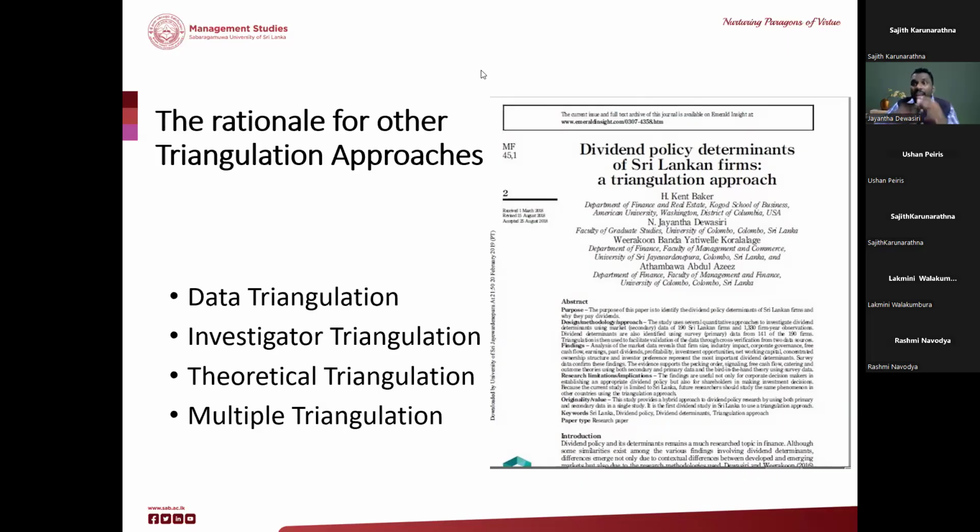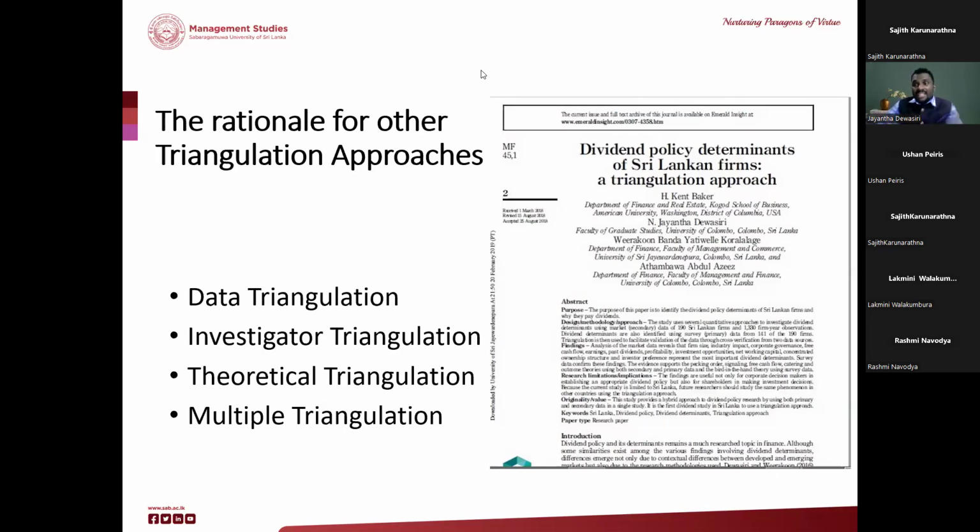Then you can have multiple investigators and data collectors on board, analyze separately the data collected by the separate data collectors or investigators, and see whether there is a difference, in order to see whether there is a bias or not and eliminate the biases.